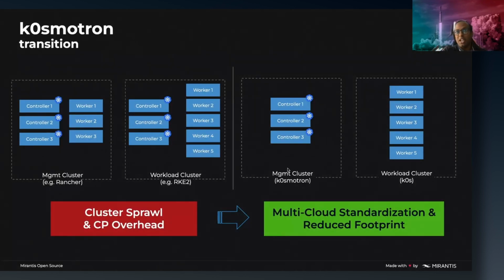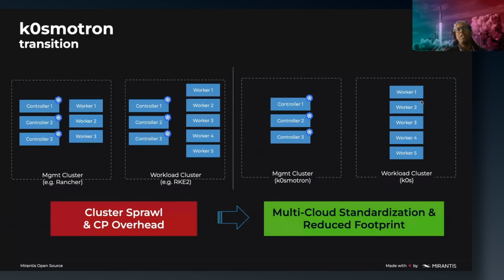So that's why you see a management cluster where you run k0smotron, only 3 controllers there, and you have all your child clusters. But for all your child clusters, you will only have dedicated nodes for your workers, whether it is, again, virtual machines or physical machines, but you will only have these.